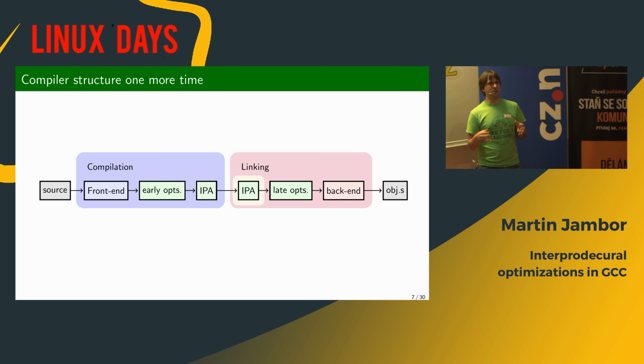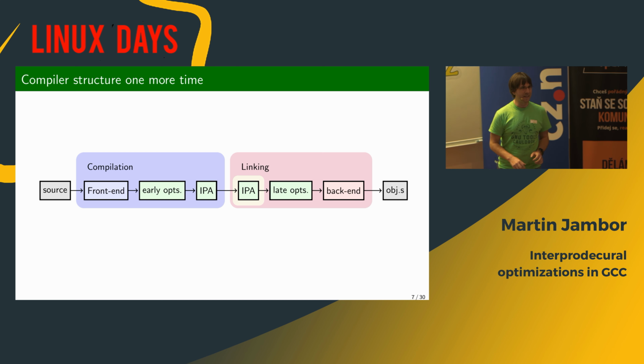The early optimizations are classical optimizations that work one function at a time, usually in topological order, so the leaves first, and the functions calling these leaves second, and functions calling them third, and so on and so forth. Then the first bit of IPA happens as the summary building of IPA transformations.